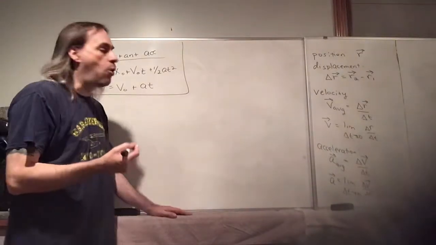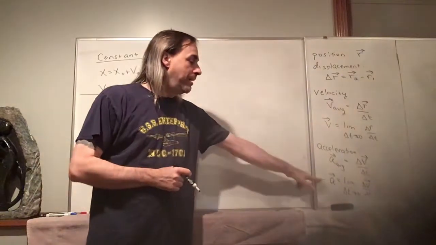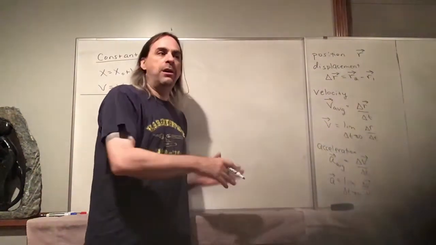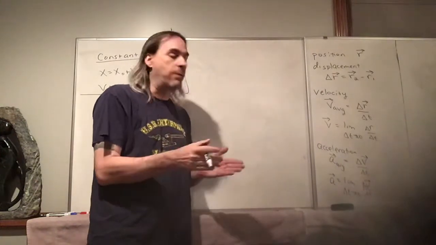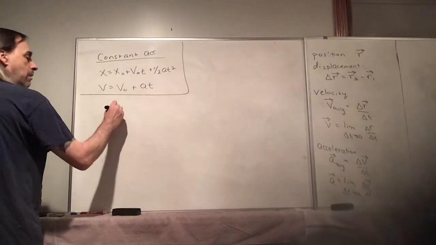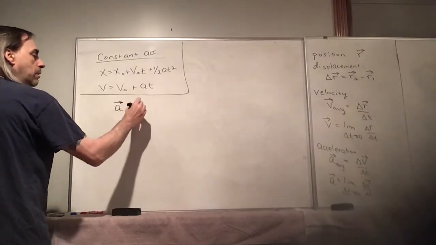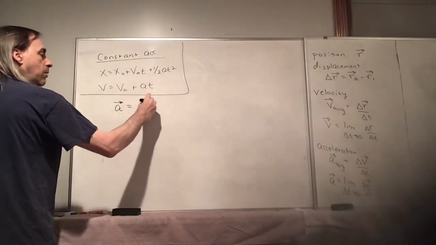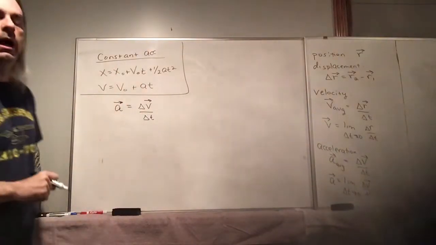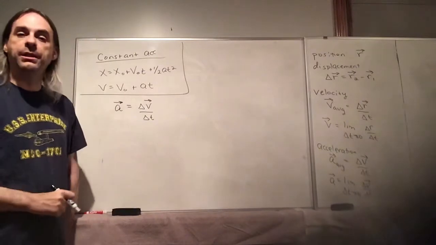And just like before, the definition of acceleration involves this limit. But if over some time interval the acceleration is constant, we can get rid of that limit and just say A equals delta V over delta T. So this is exactly true if we have a constant acceleration.